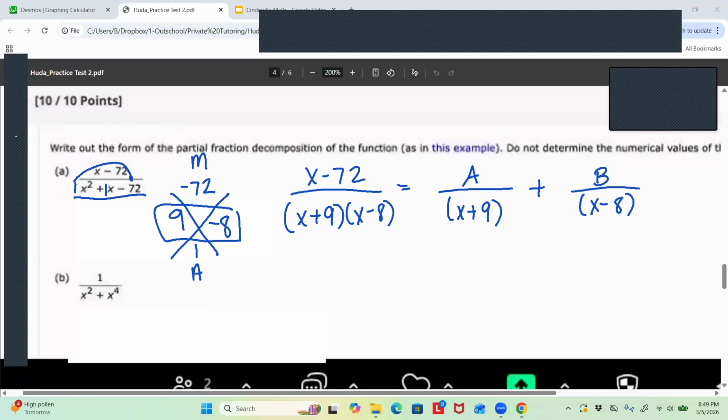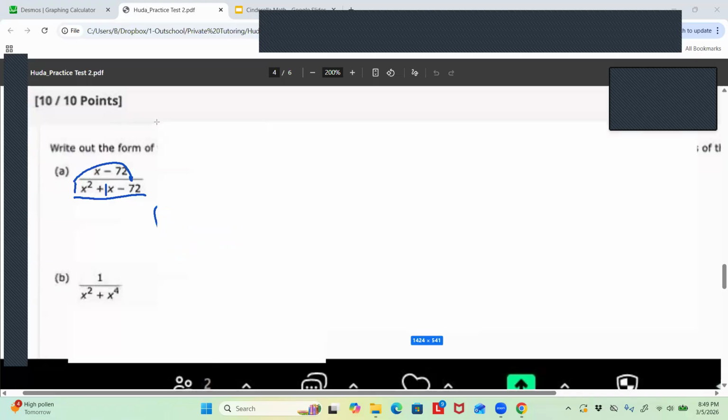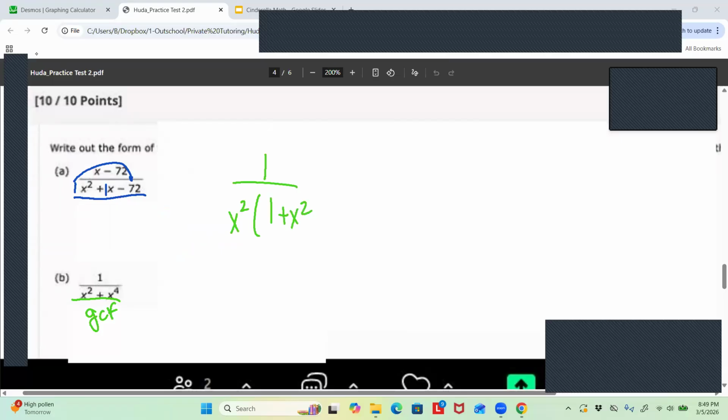I'm going to clear to do part B. Okay, part B, let's factor the bottom. Now that's not a trinomial, but looking at this bottom, I see a greatest common factor of x squared, which will leave 1 plus x squared.